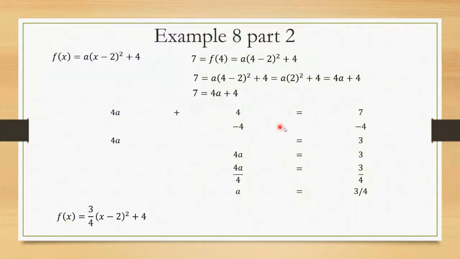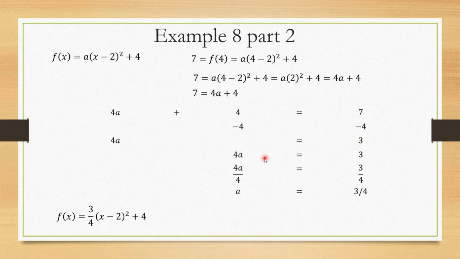So we want to get a equals. We're subtracting, so we have 4a plus 4 equal to 7. We subtract 4 from both sides, and we get 4a equals 3. We're isolating a, so we subtract 4 from both sides.